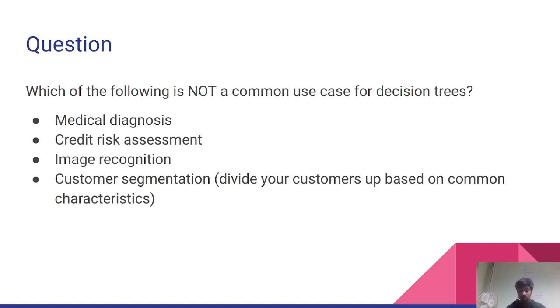Credit risk assessment, again you have multiple attributes and you have to decide if he will be able to repay the loan or not. Customer segmentation, you have multiple features and you divide them based on, say, income, age, or how much property they have, this kind of thing.